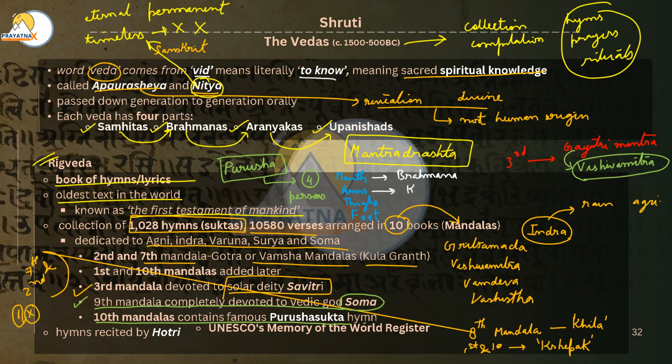From the arms, Kshatriya. This is basically the Varna classification which we see. Thighs include Vaishya, and the feet, the Shudra.